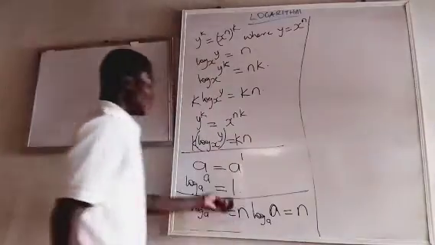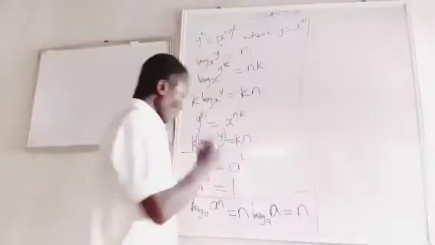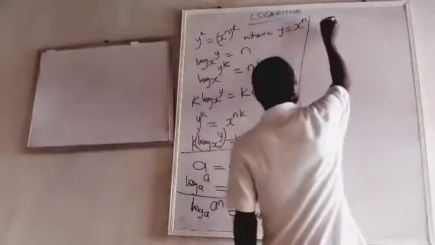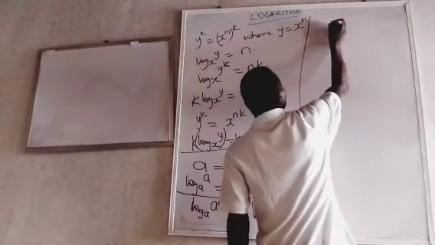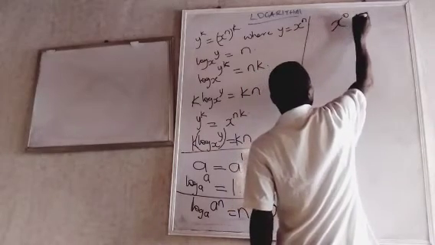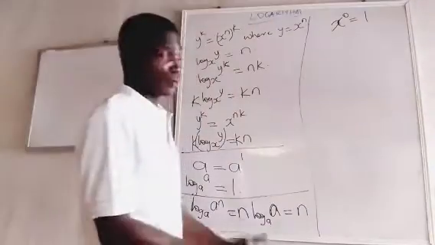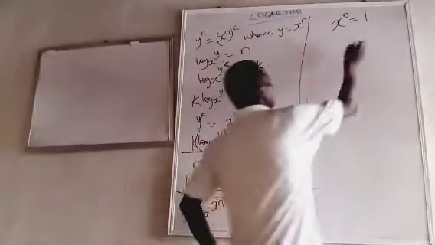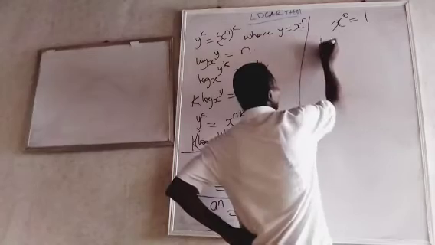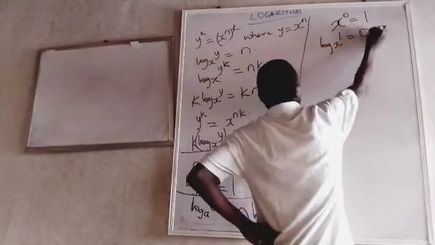So you can see that it's very, very simple. Another one I want us to look at is this. If I have x raised to power 0, you know that gives me 1. So it means that I can now say that log 1 to the base of x is equal to 0.